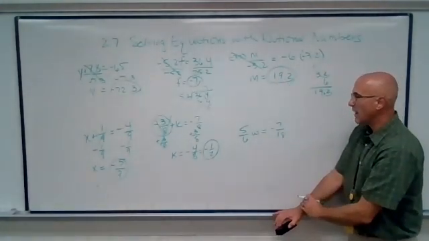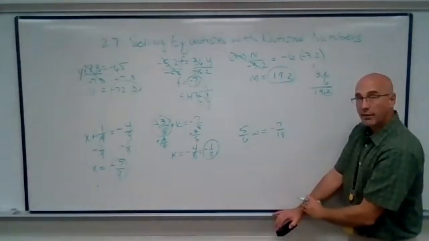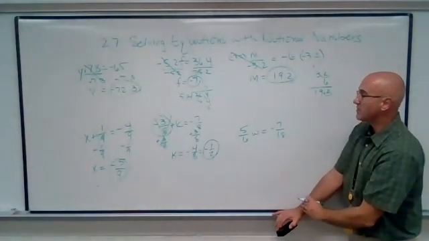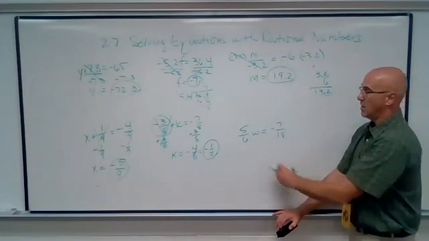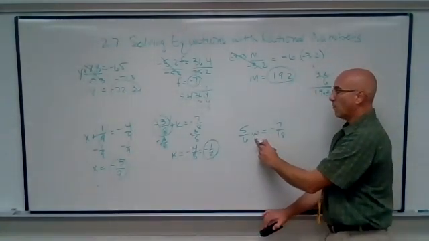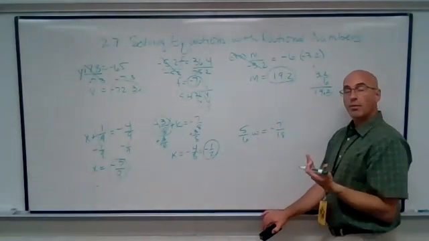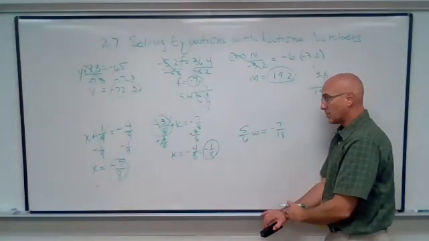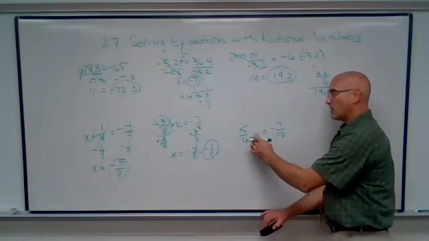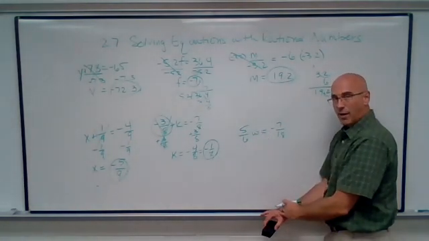And then finally, if we have a multiplication with a fraction, 5/6 times W equals -7/18. So whenever we multiply, remember that we divide, that is our inverse operation, okay? But we are going to be dividing by a fraction.